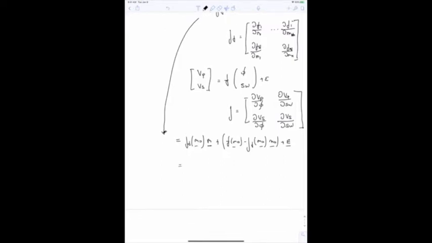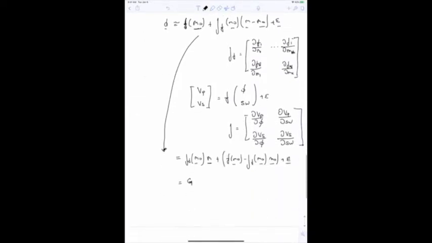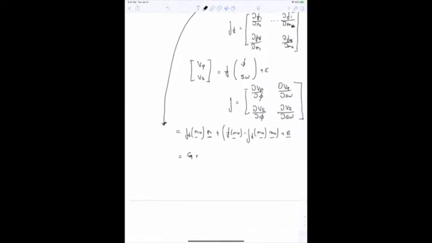Now, the Jacobian is a matrix, so I can write it as the matrix G. In this case, it was a scalar, now it's a matrix. So this is G times m plus a constant, which I'm going to call H, plus epsilon.